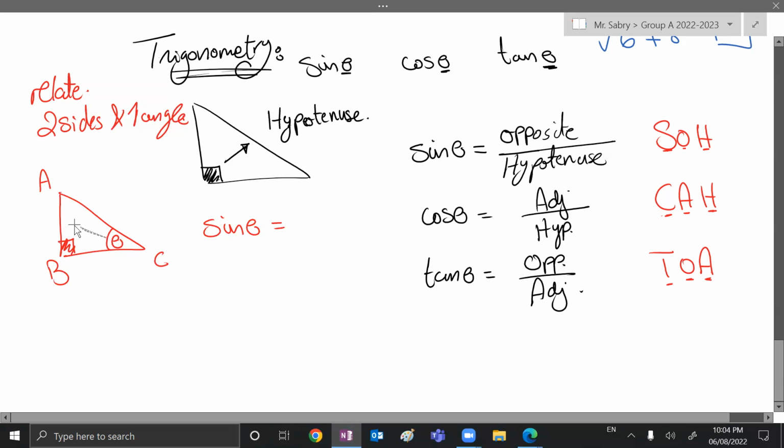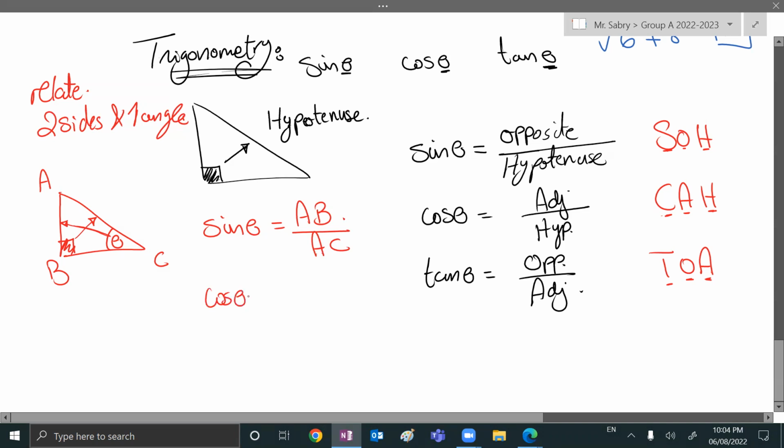You draw an arrow and look, where does this angle look to? It looks to this side, which is called AB. So this is what we consider the opposite, over the hypotenuse. Which one is the hypotenuse? The one in front of the 90, which is AC. So sine theta is equal to AB over AC.